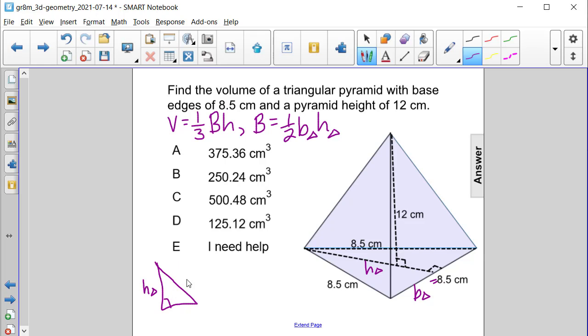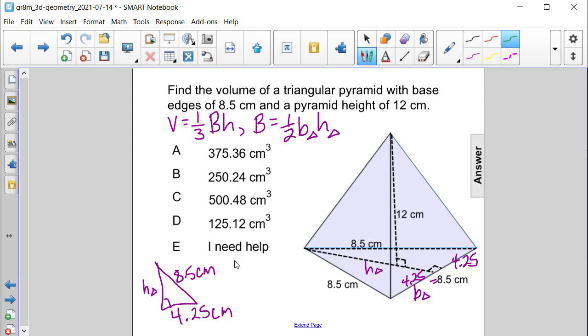We know that the hypotenuse of it is 8.5 centimeters, and we know that this small leg is half of 8.5 centimeters, or 4 1/4. So now let's use the Pythagorean theorem to find the height of this triangle.